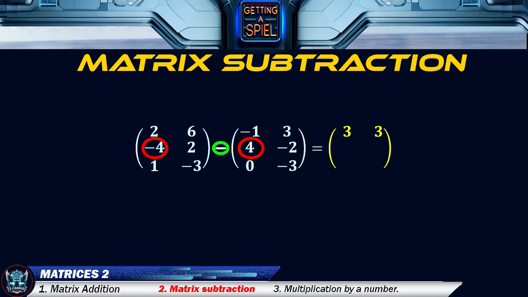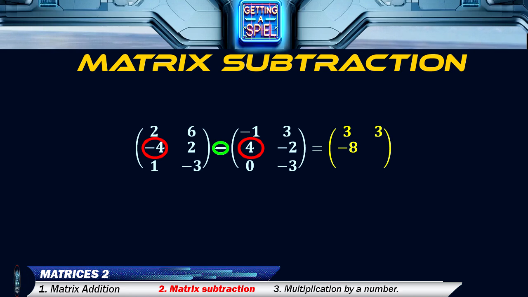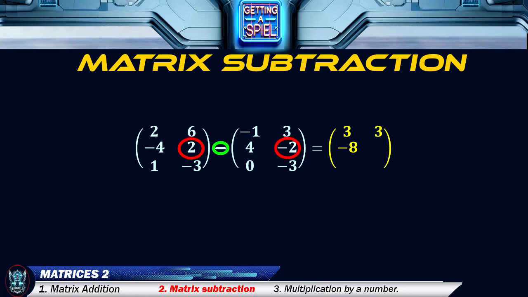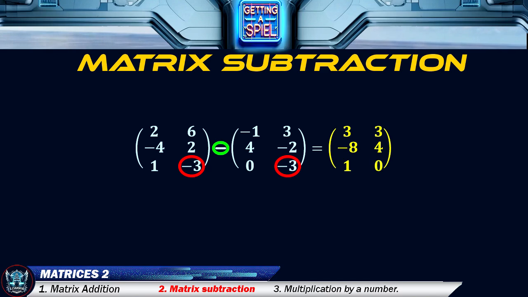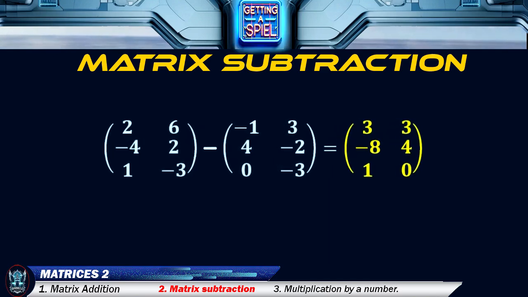Negative 4 minus 4 is negative 8. 2 minus negative 2 is 2 plus 2, 4. 1 minus 0 is 1. And finally, negative 3 minus negative 3 is negative 3 plus 3, that is 0. It's that simple.